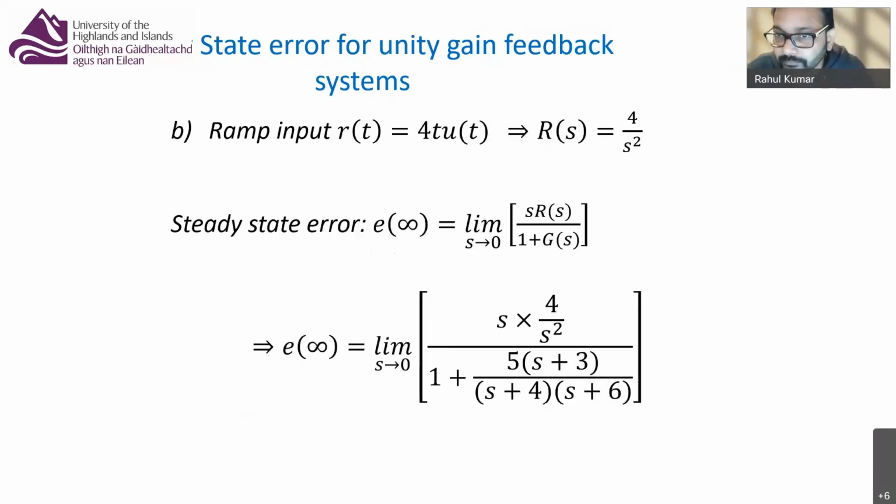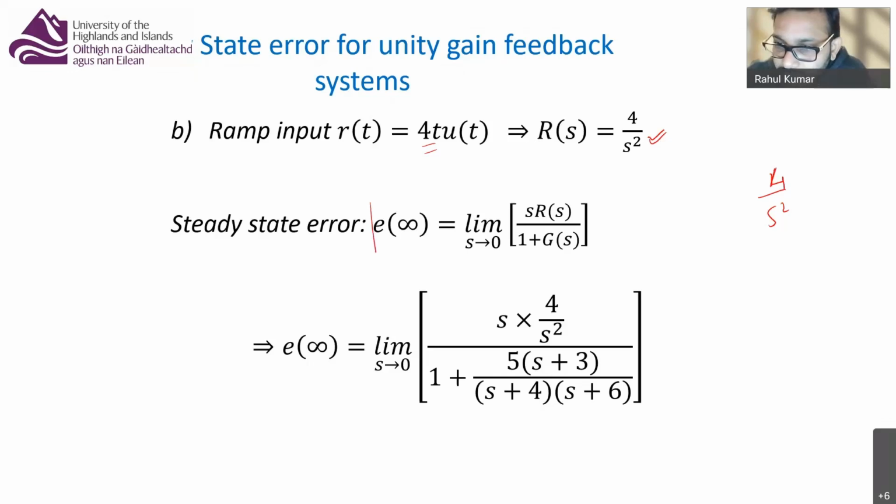Similarly, part B. We are given this ramp input R of t, and again its magnitude is 4t u of t. So for unit ramp input, it is 1 over s square. Now the magnitude is 4, so it will become 4 divided by s square. Okay.